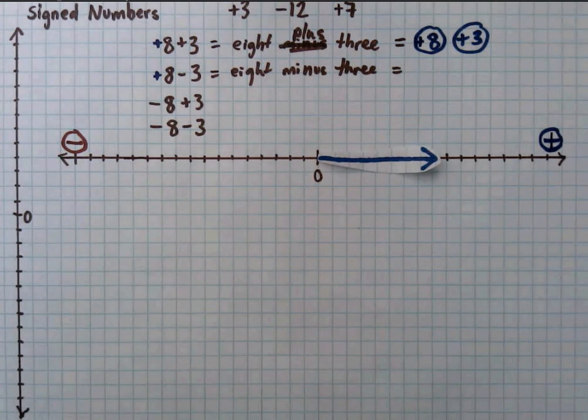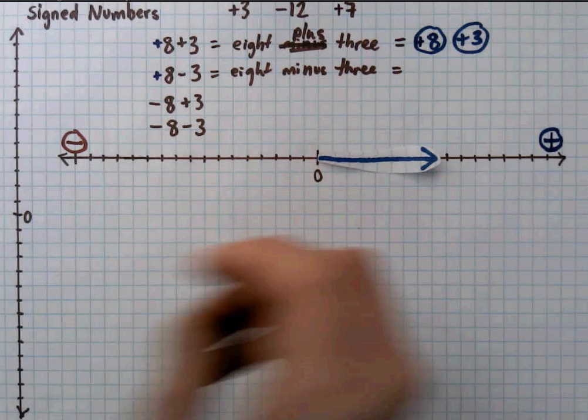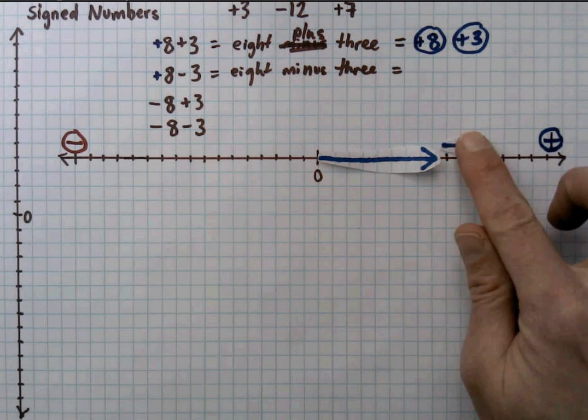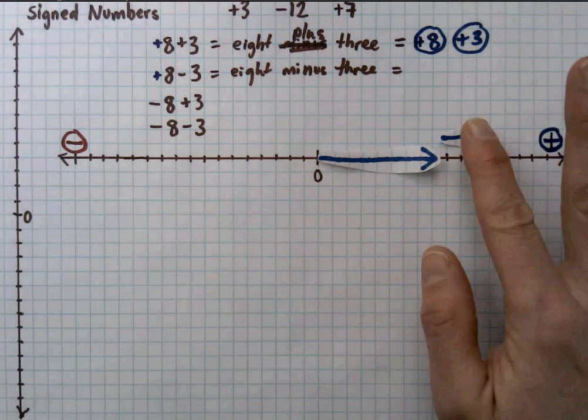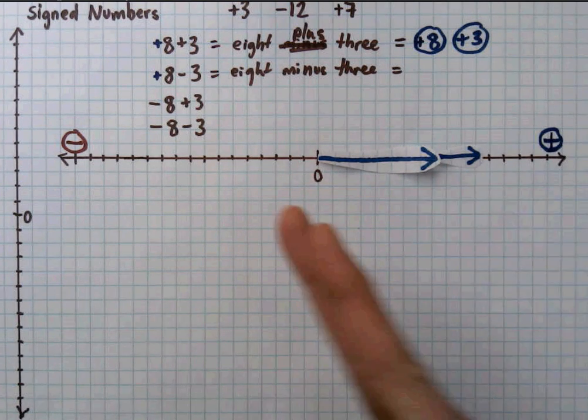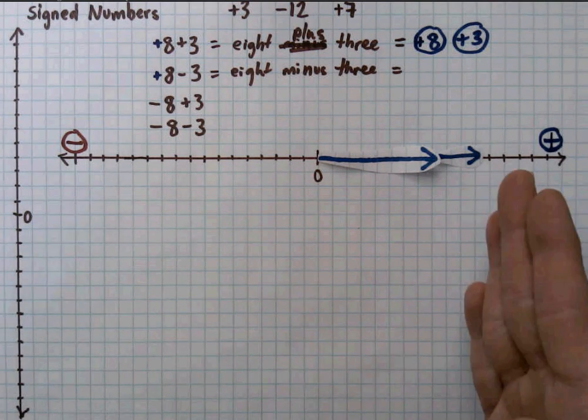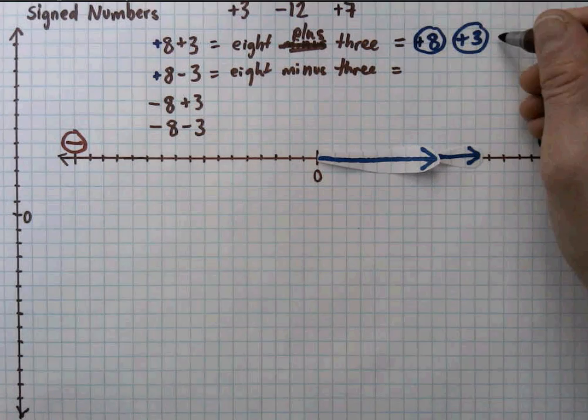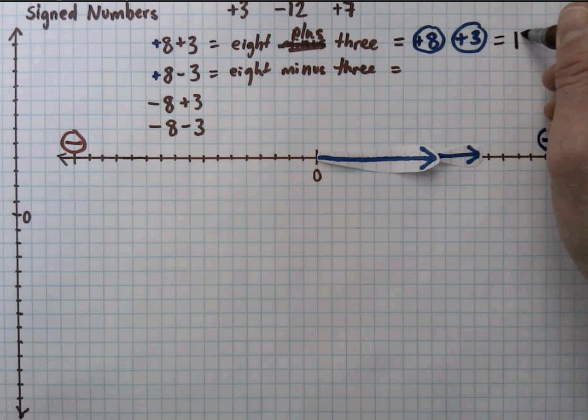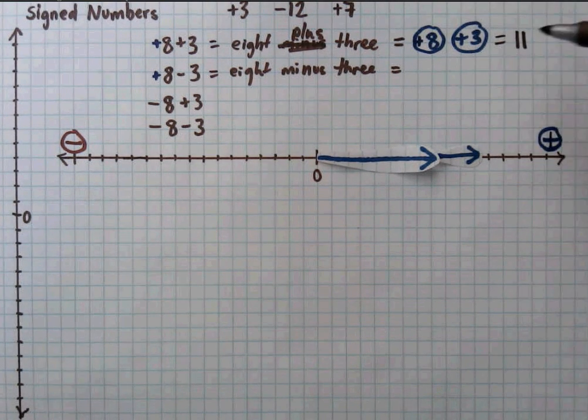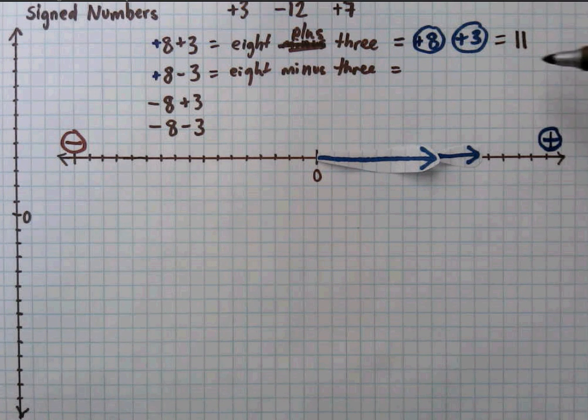So when I get to the end of the first, I keep going with the second, and a +8 combined with a +3 gets me a total value of +11. And I'm not going to write the plus because it is a given in mathematics that if you don't see a sign, the value is positive.